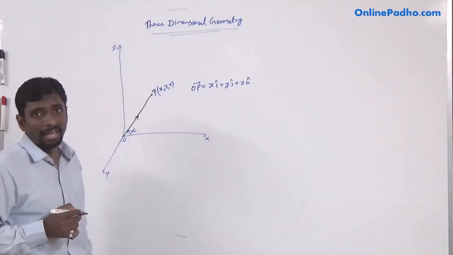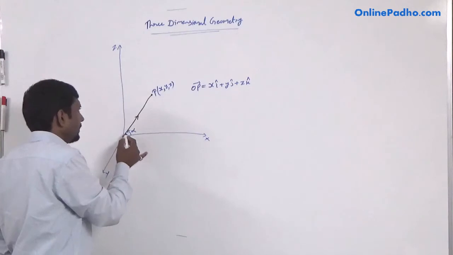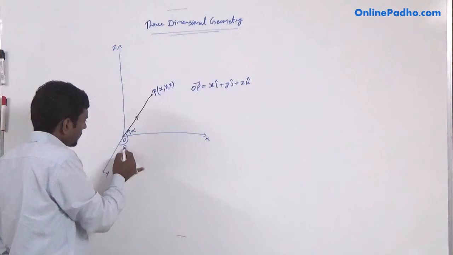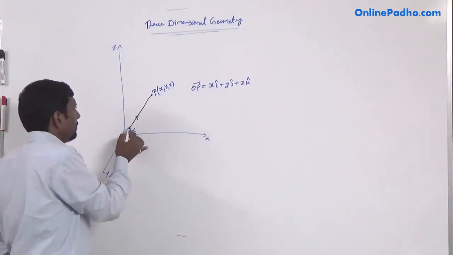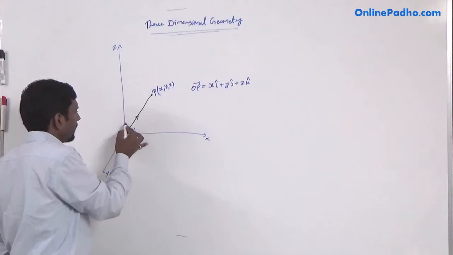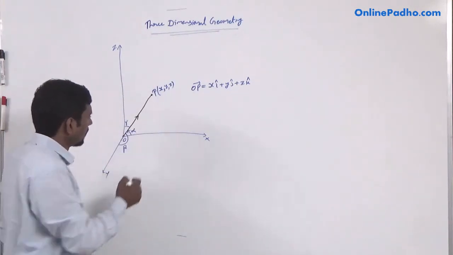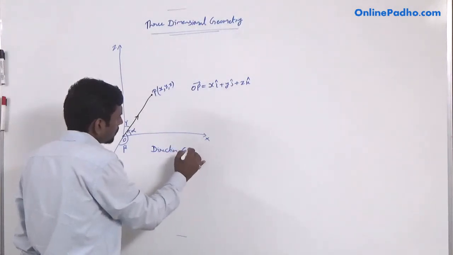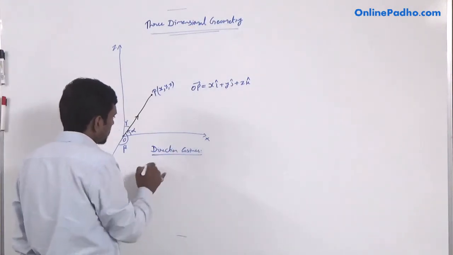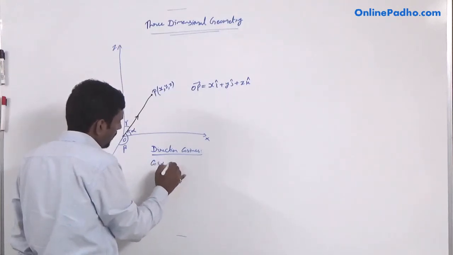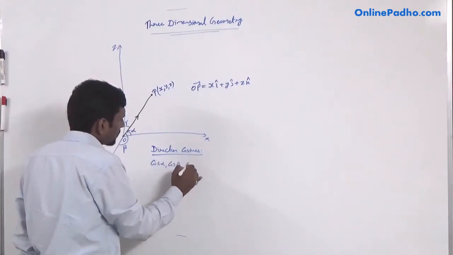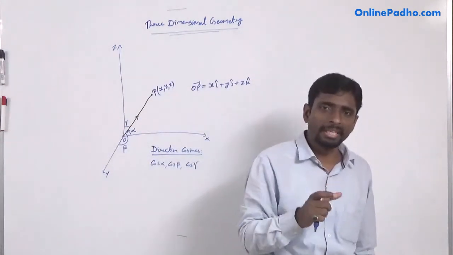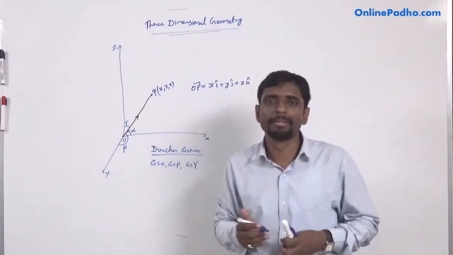So cos alpha is the direction cosine, and the angle of the OP vector to the y-axis, let's consider beta, and to the z-axis we can consider gamma. So the direction cosines can be written as cos alpha, cos beta and cos gamma. These are called the direction cosines of a straight line or a vector, right?